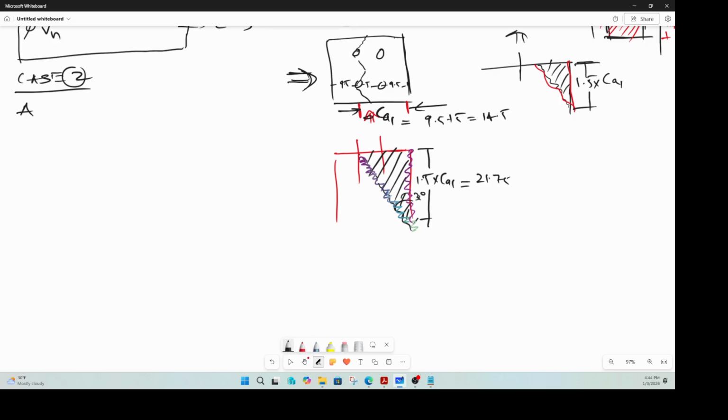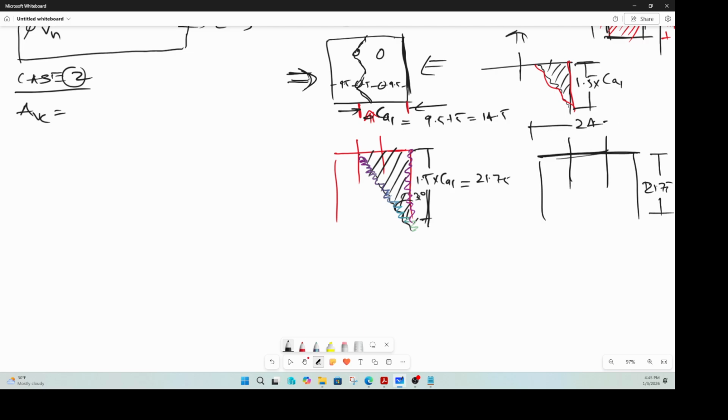So AVC is nothing but, if you look at it, this is the plan view of the foundation, right? If you look at it from this view, your pedestal is like that. We know the depth of this thing is 21.75, which is 1.5 times CA1. And the width, again, this is cutting the entire width of the pedestal, right? So the projected cut is covering this entire width here, right?